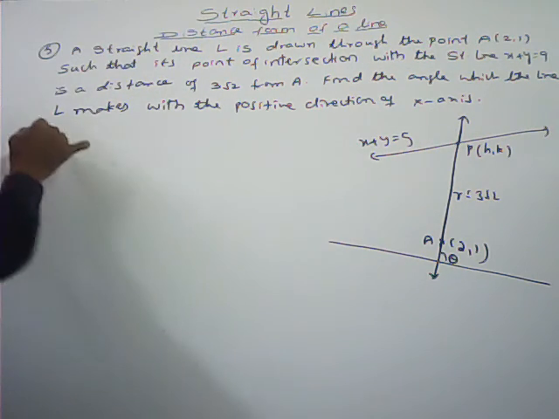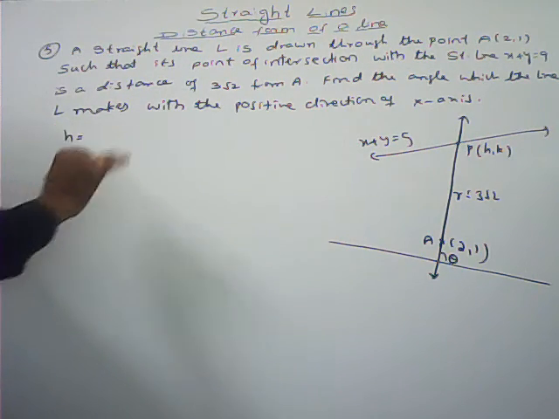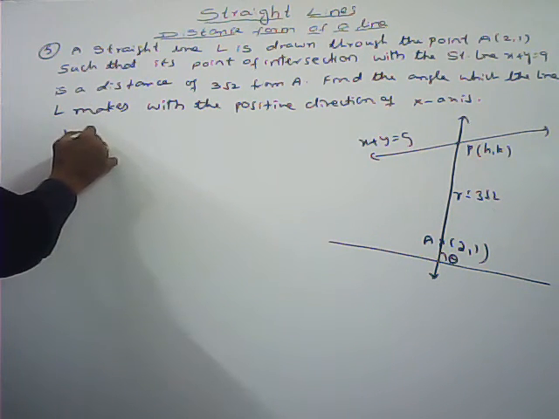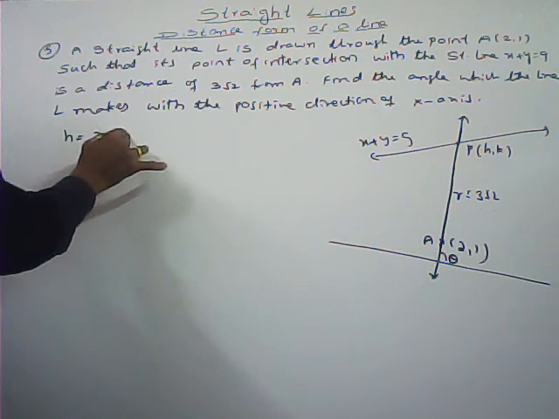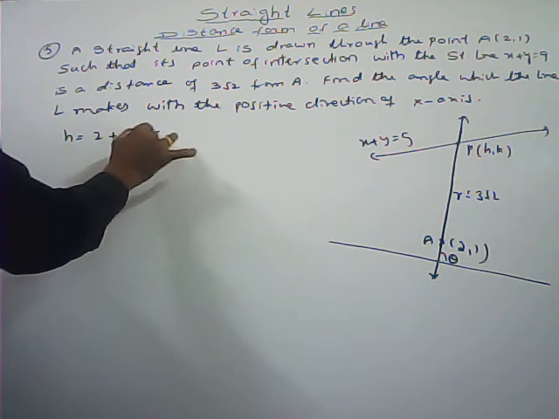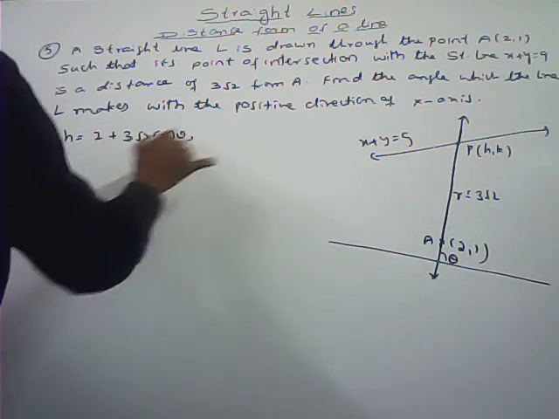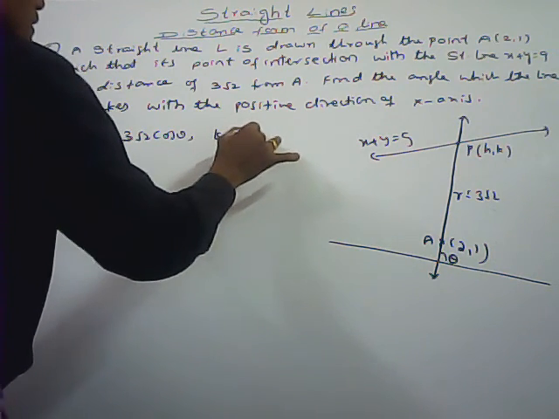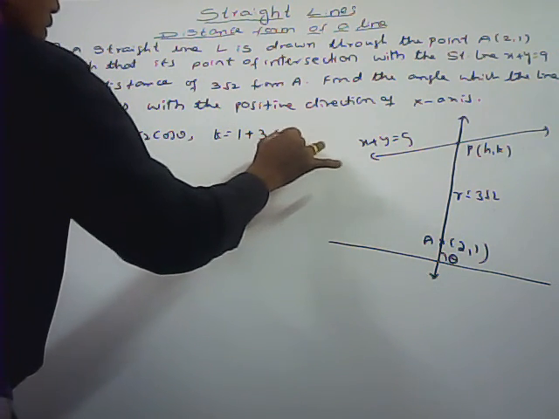Now parametric equations: h is equal to x1 plus r, that is 3 root 2 cos theta, and k is equal to y1 plus r sin theta.